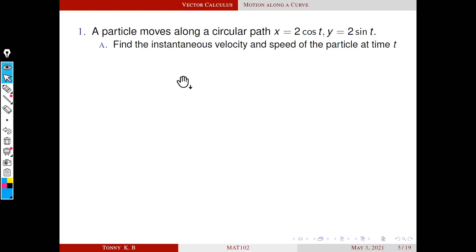Okay, consider a problem. A particle moves along a circular path, x equal to 2 cos t, y equal to 2 sin t. The first question: find the instantaneous velocity and speed of the particle at time t.